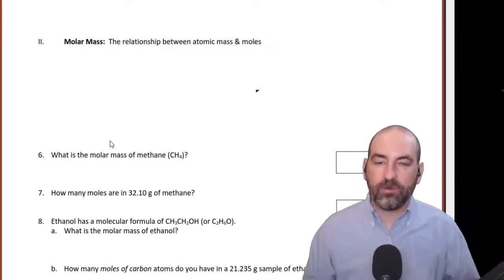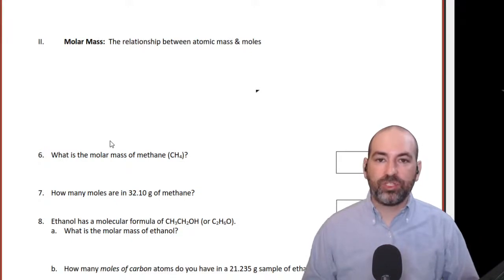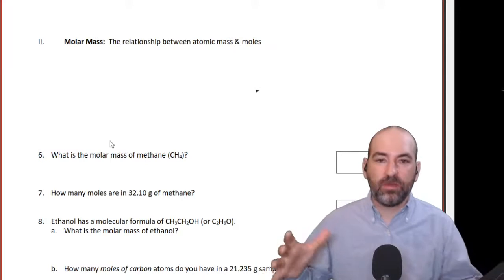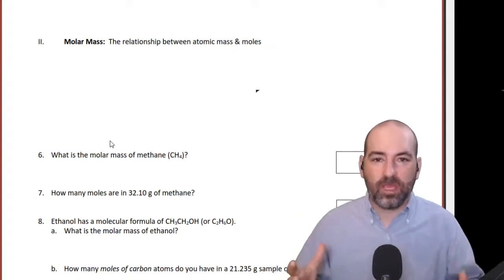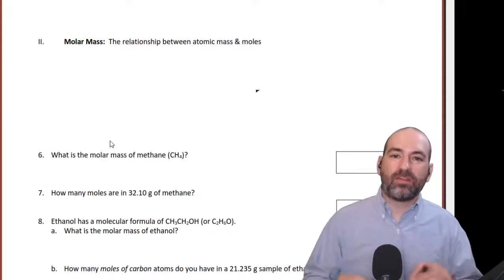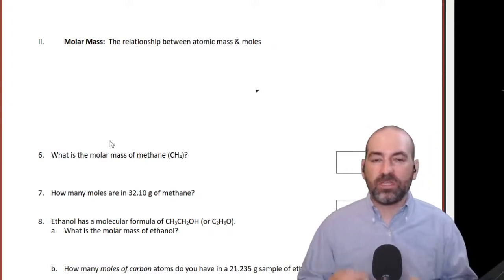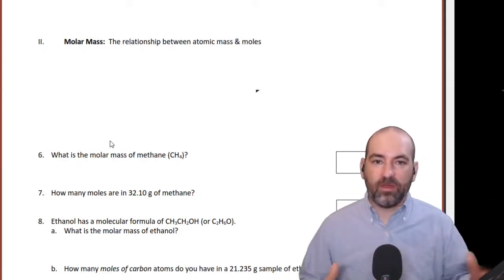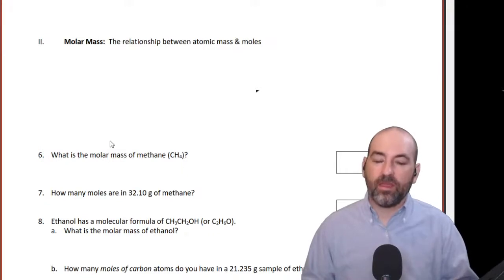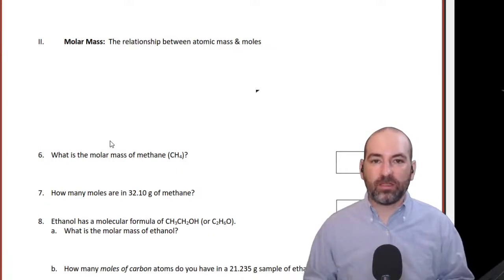Just like if we were to, let's say, have a giant jar of jelly beans or something, and we're running one of those games where you have to guess how many jelly beans are in the jar. Rather than count them all individually, we could take the mass of one jelly bean and then the mass of all of them and divide and figure out how many are in there. And that's what we do with atoms and molecules also.